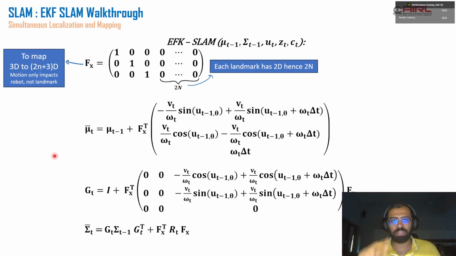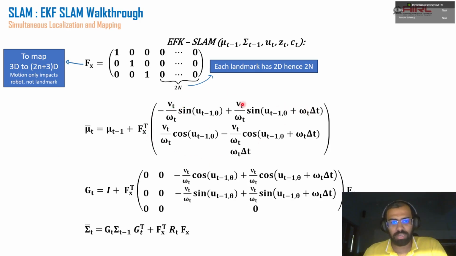Because each landmark consists of 2D x and y position, we have 2N appended zeros in the matrix. All good so far? Now, we are using this Fx matrix to convert this 3D state of ours to a 2N plus 3D state. The third is not my z, but rather a heading. So x, y, and heading is how that 3D part is coming into play.